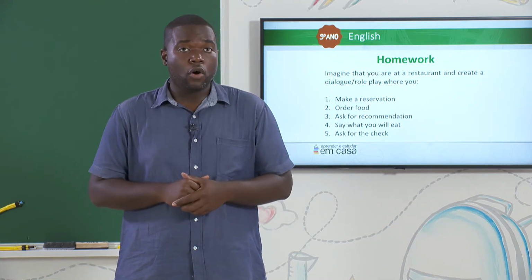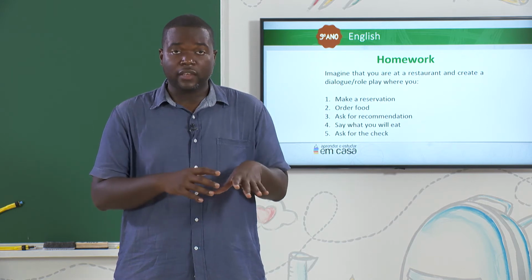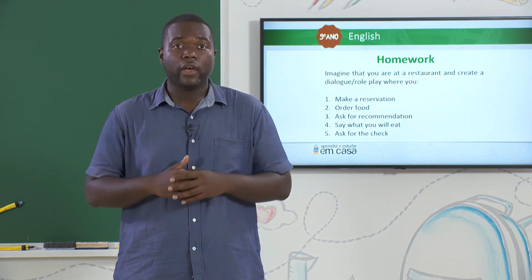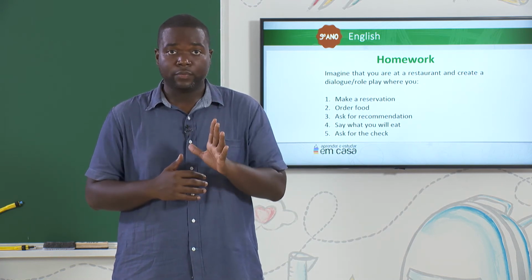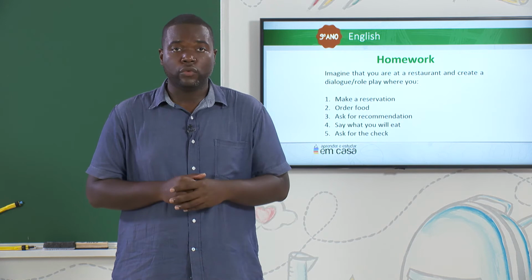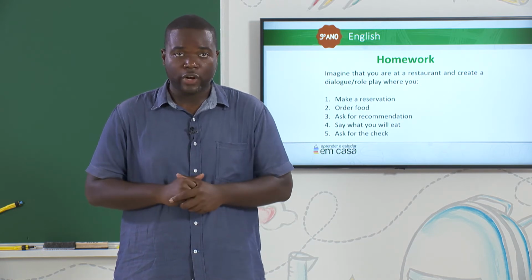Students, this was your homework of the previous class. You had to create a dialogue and a role play where you had to do all 5 steps, okay? I hope you did it and you showed it to your teacher for correction, okay?